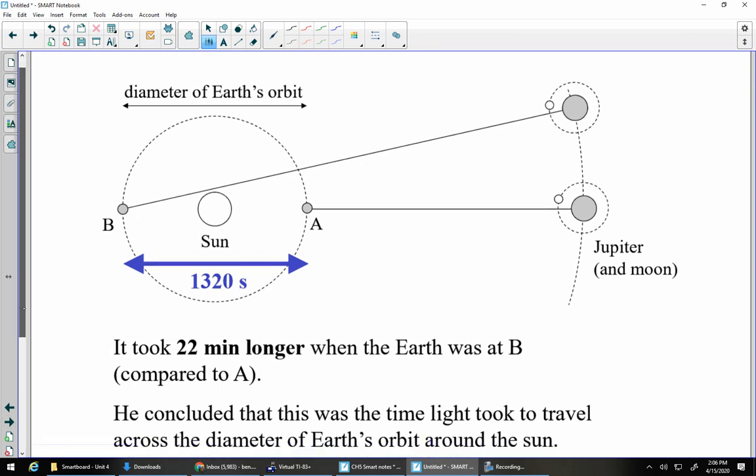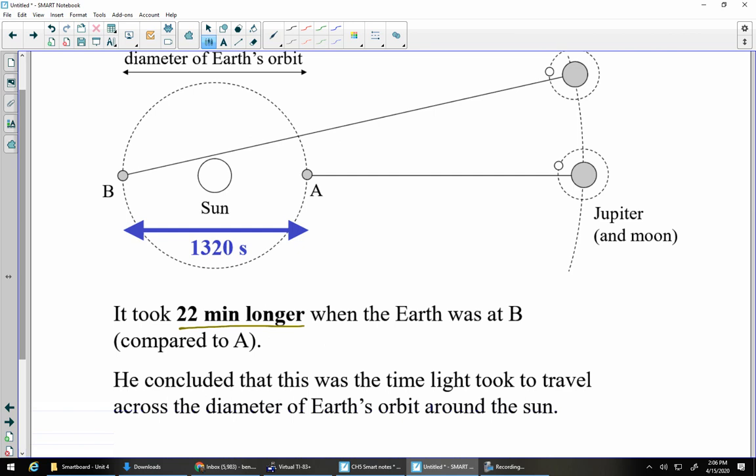So they figured out that it took 22 minutes longer at position B than A. So we've got time. And remember, what do we need to calculate speed? We need distance and time. So they figured out the time, and at this point in history they knew the Earth's orbital radius.